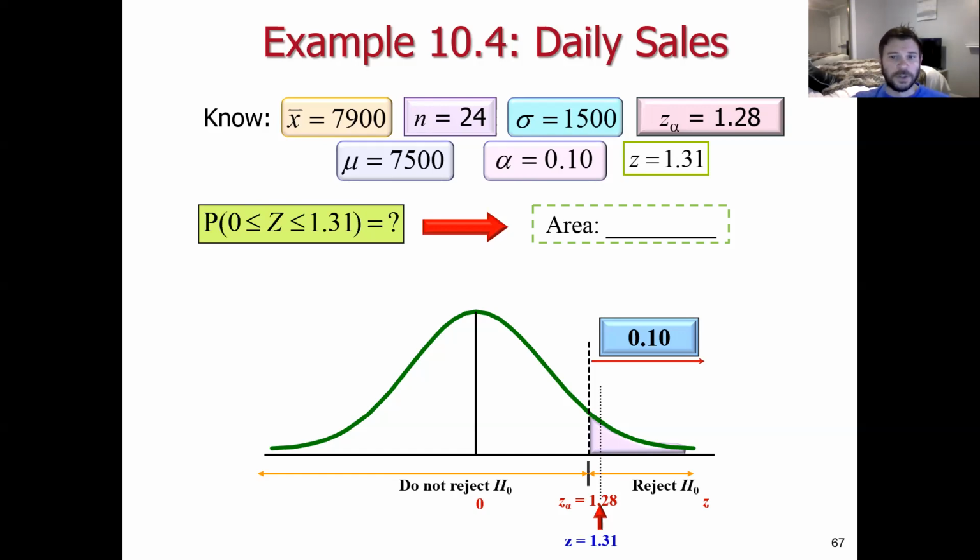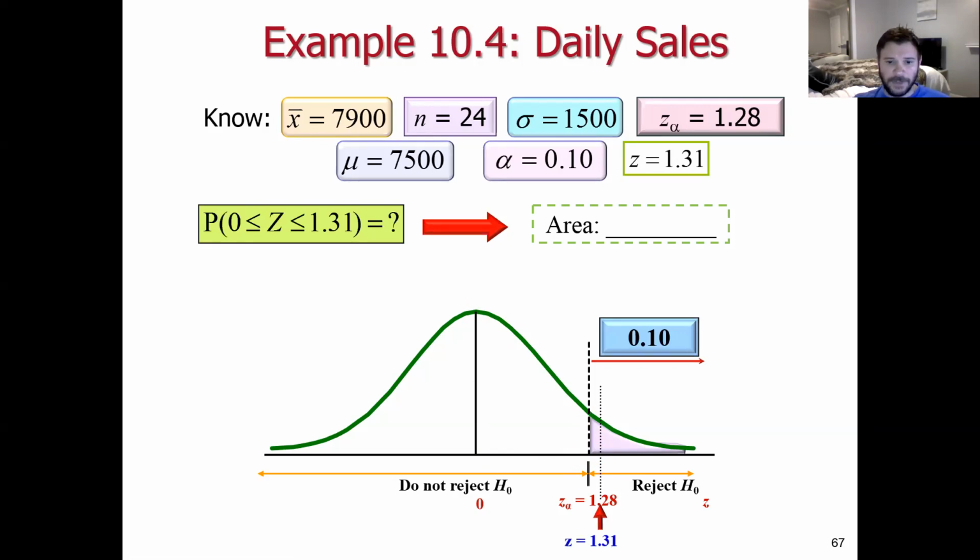So in order to do this, we're going to have to figure out the area to the left of our test statistic, that z-value of 1.31, using our standard normal table, and then we'll be able to subtract this area from 0.5 to leave us with the probability in the upper tail.